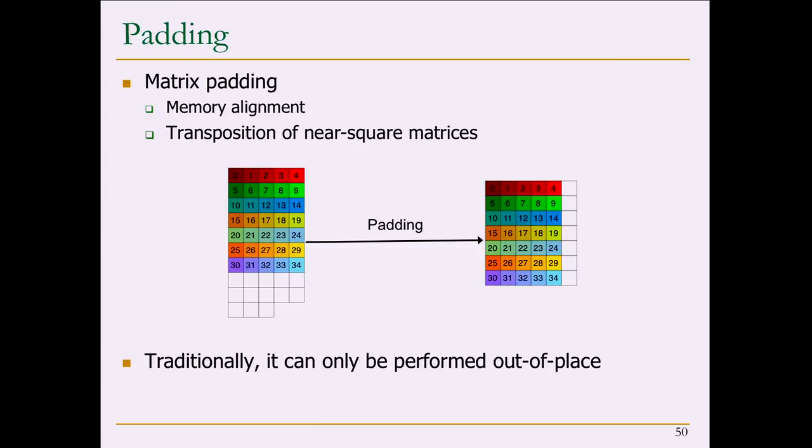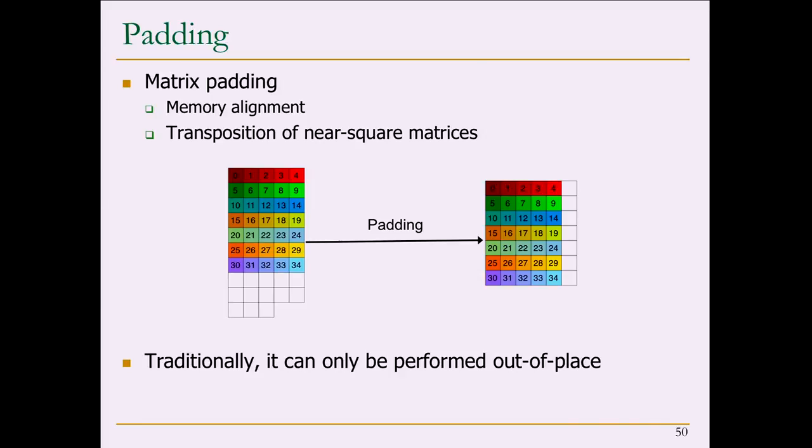For example, for memory alignment, because we want to have better vector utilization afterwards, or better cache locality. It can also be useful in other primitives or algorithms, like the in-place transposition of matrices.